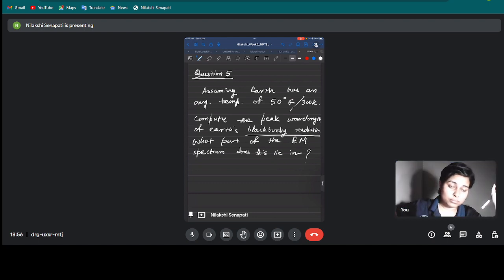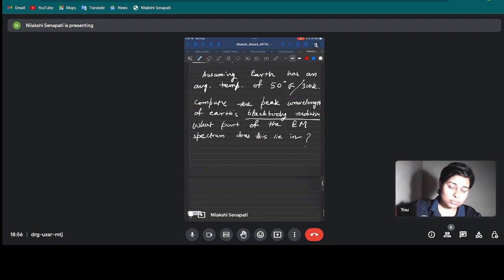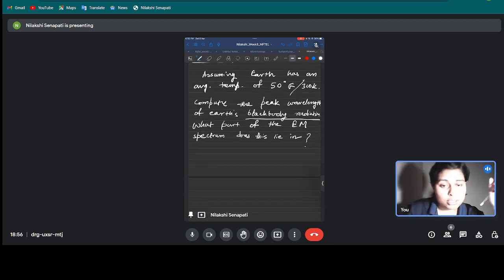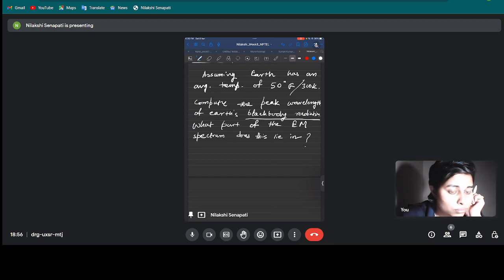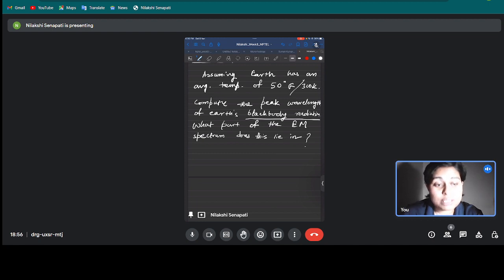Yes, ma'am, Planck's law of radiation, 2h by lambda to the power 5, for black body radiation. And you know something called Stefan's law. Can you find out something which directly relates lambda and T?